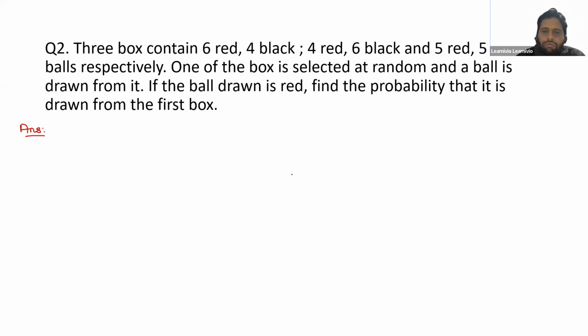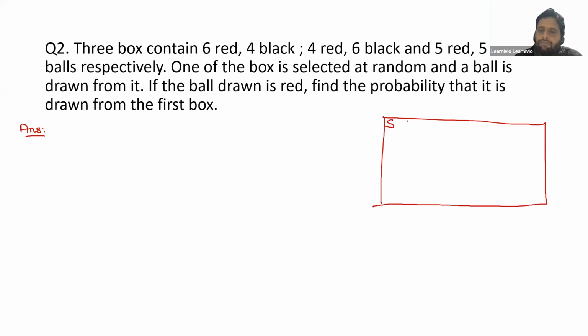Now, what's Bayes theorem? Bayes theorem states that suppose you have a sample space S, and you have some events E1, E2, E3, and so on up to En. So you have these events, and these are mutually exclusive and exhaustive events.